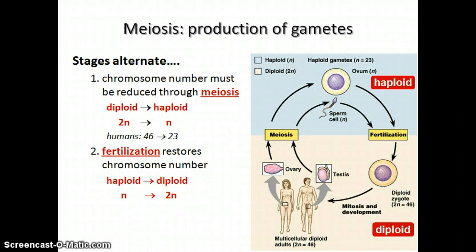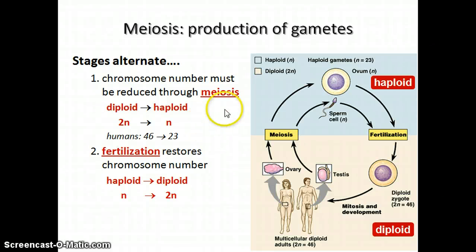So meiosis is the process by which we produce gametes. And similar to what we discovered with angiosperm reproduction, we have alternating stages in the production of gametes.